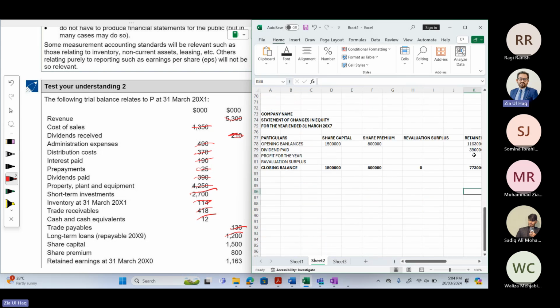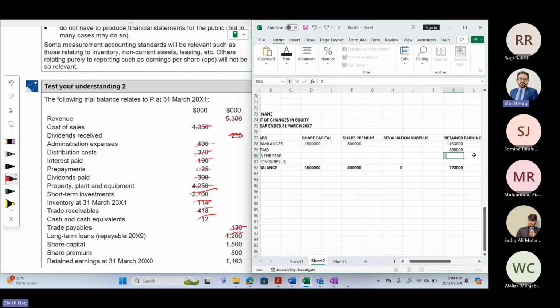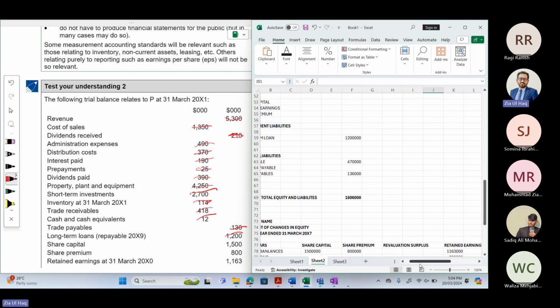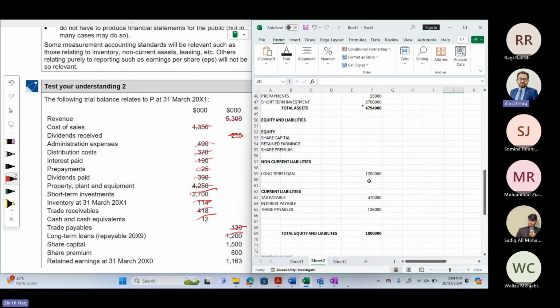So if we put the profit here, we can arrive at 3,413,000.